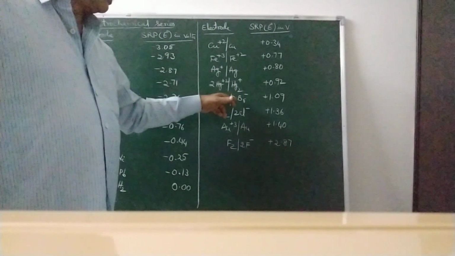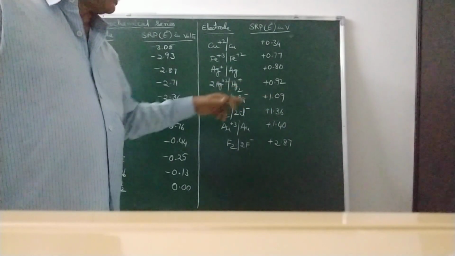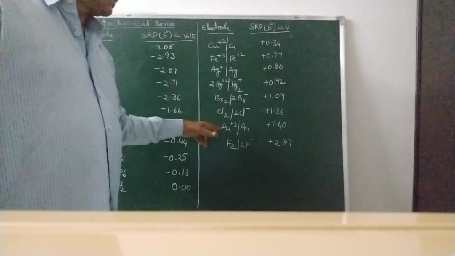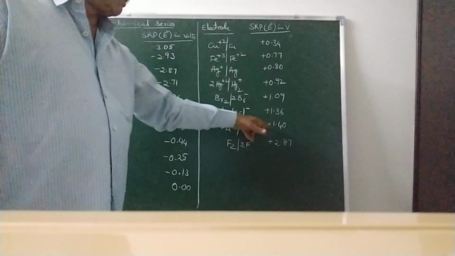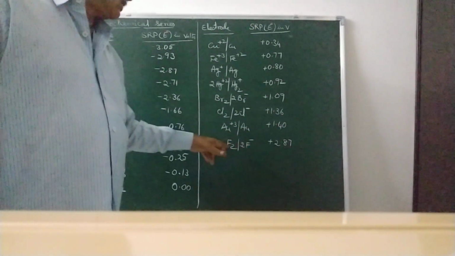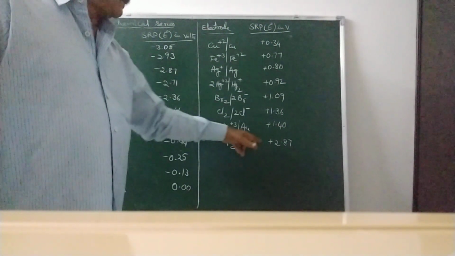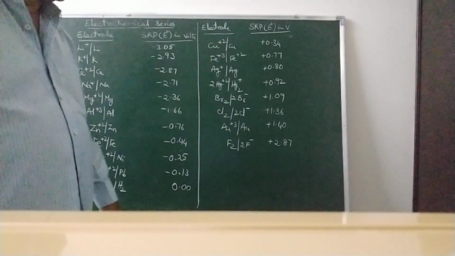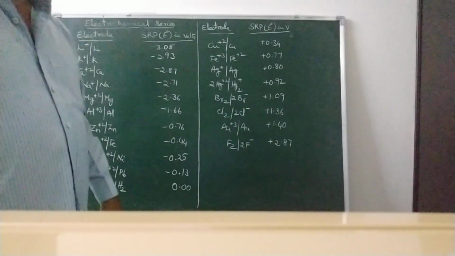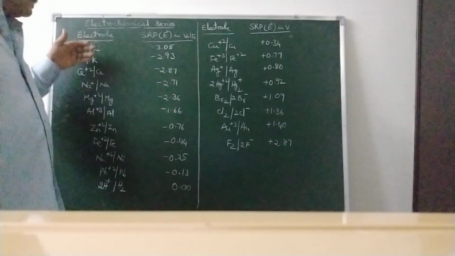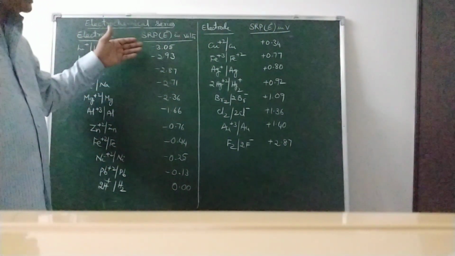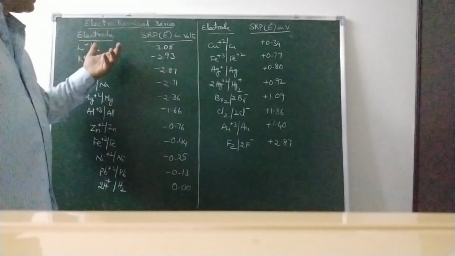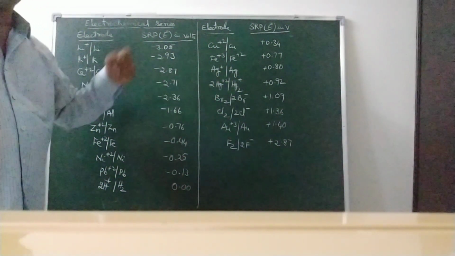So Br2|2Br- plus 1.09 volts, Cl2|2Cl- plus 1.36 volts, Au3+|Au plus 1.40 volts, and F2|2F- plus 2.87 volts. So I arranged these electrodes in the increasing order of their SRP values, and it becomes an electrochemical series.